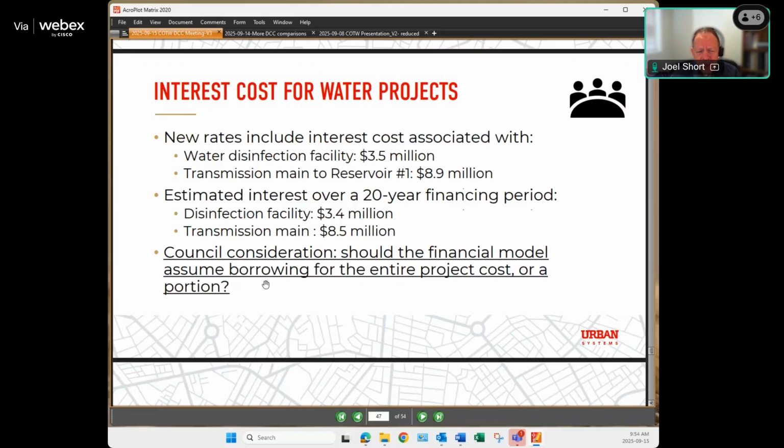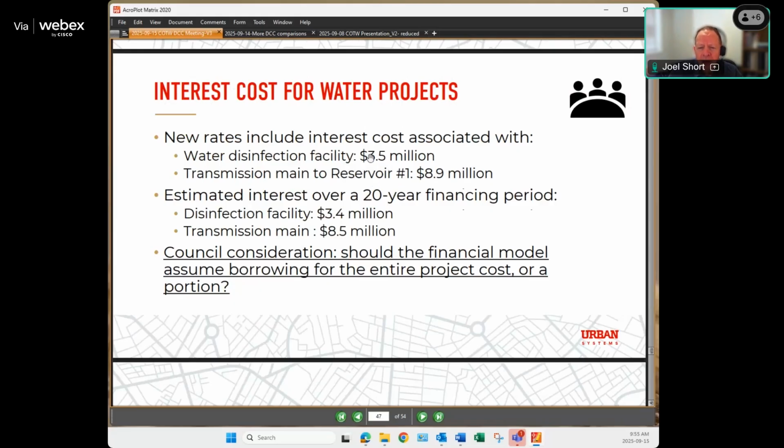So the water disinfection facility, with a $3.5 million loan authorization, would qualify, and you'd be able to include the interest costs in the DCCs. So we included the interest costs for the water disinfection facility and the transmission main to reservoir number 1.